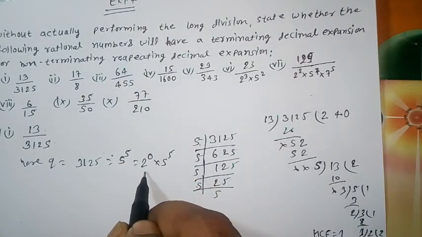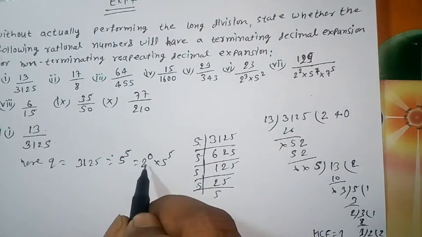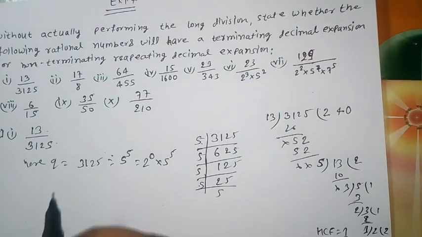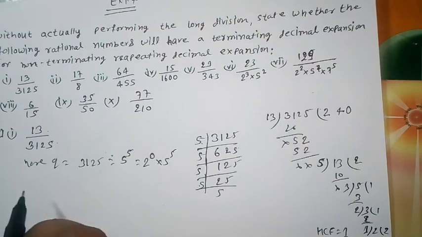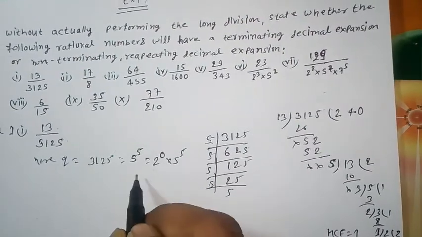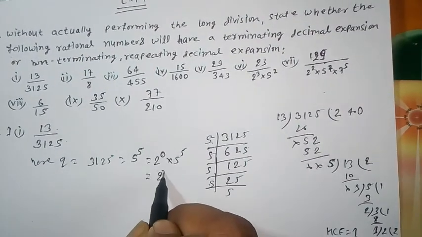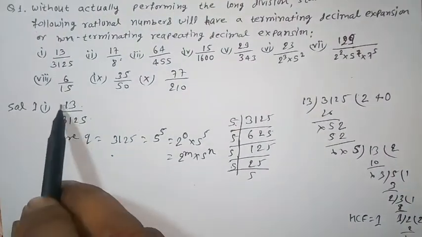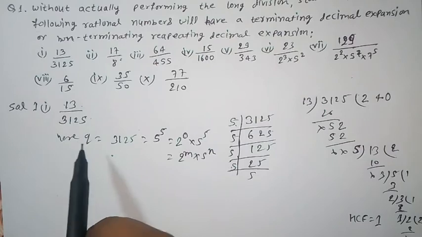This is of the form 2 to the power m into 5 to the power n, so this rational number has a terminating decimal expression.